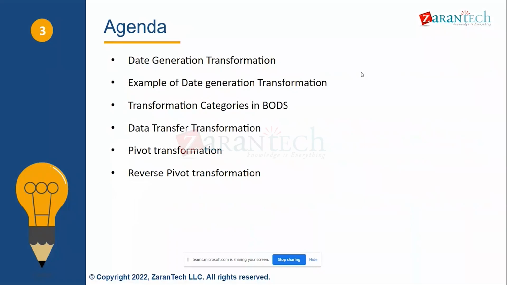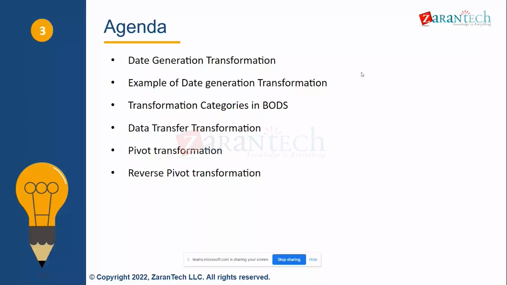Here location means one system to another system, or one table to another table, or one file format to another file format. How do these transformations play an important role? How will they process our data, how do they manipulate our data, how does the backend process happen? All of these we will discuss today.